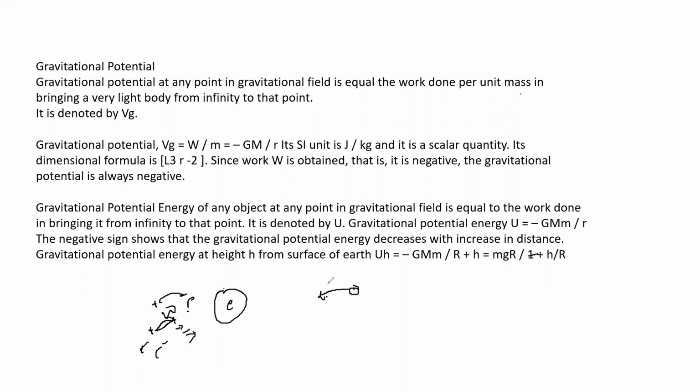You need to do some extra work, or extra force must be applied. Here the gravitational potential is whatever work you do to bring this body within the gravitational force, per unit mass. Gravitational potential is nothing but the work done in bringing a body from infinity into a gravitational field, and the body is of light weight.